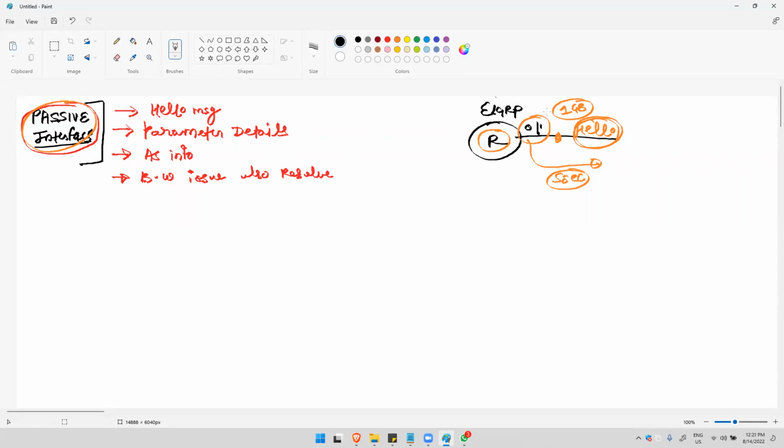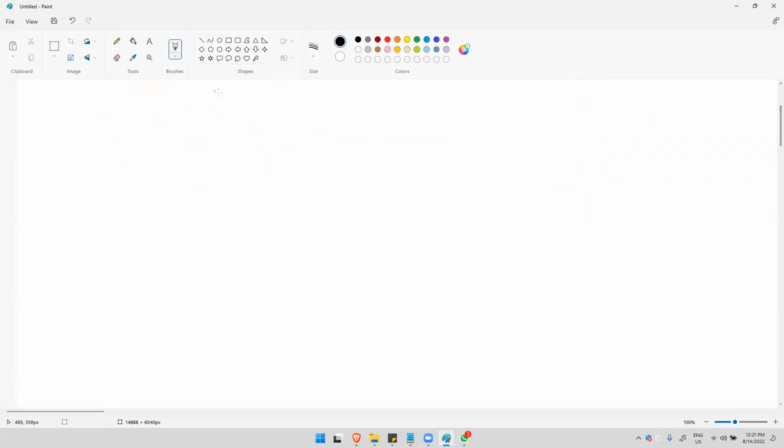Okay, Sarath, before doing any other topic, can you please tell me about RIP? How many types of issues are there in the RIP protocol? The first issue is CPU utilization.